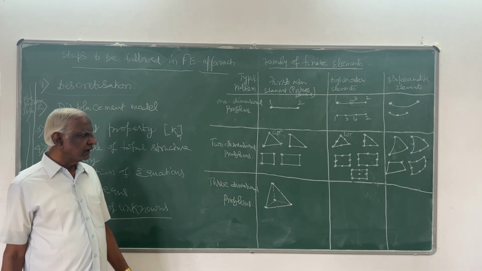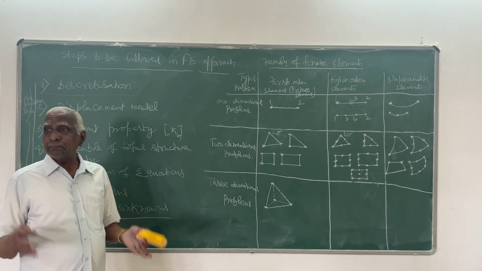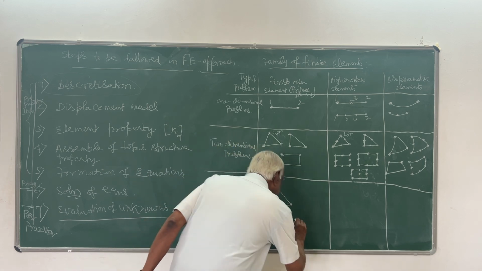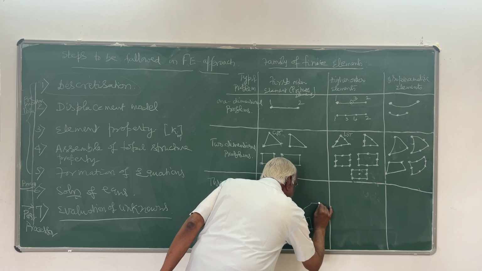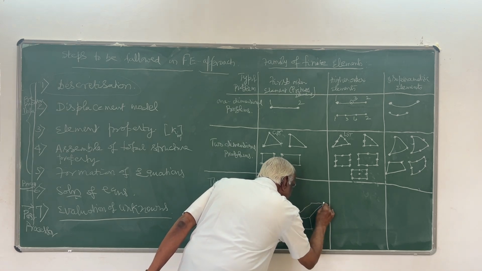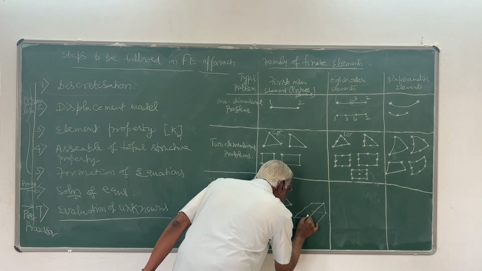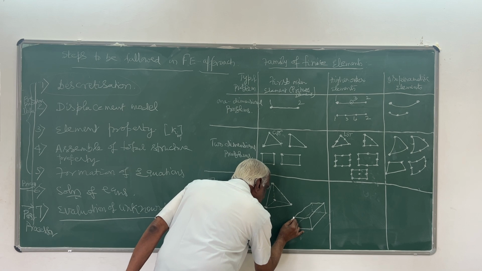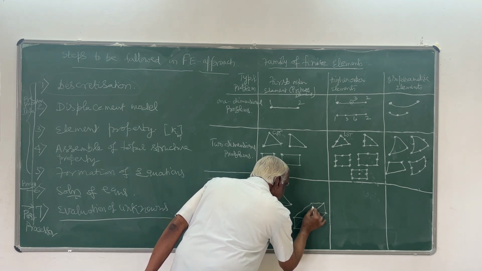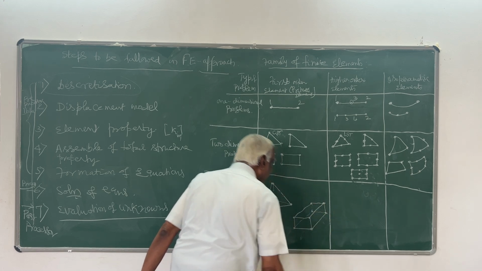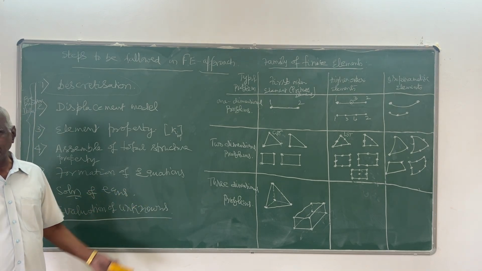Or it may be a parallelepiped or a brick type of element. It is called an 8-noded brick or parallelepiped element, the simple primary figure for three-dimensional.